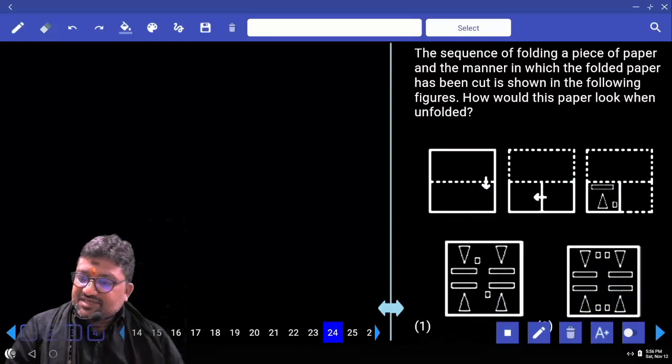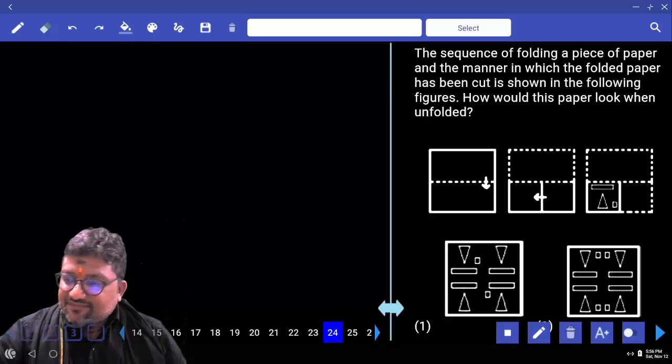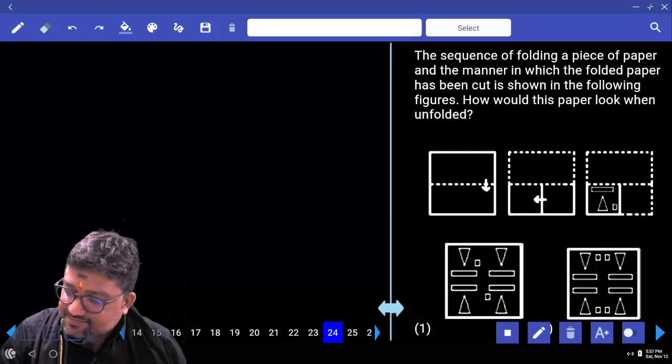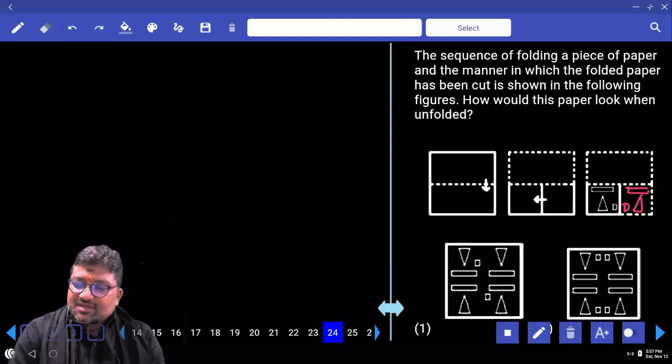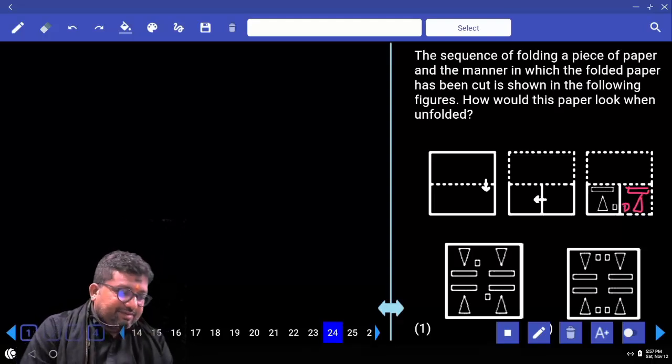Now look at this. I'll try to draw it here. I told you we'll go in opposite directions. First I'll get one small rectangle here, and then a triangle. This is how the image would look at the bottom. How many places do you see this? I can see this in 3 options.